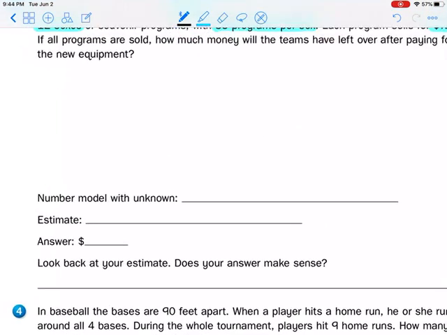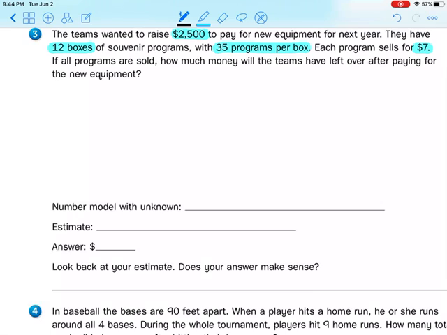So if they have 12 boxes, which is close to 10, so I'm going to round down, and there's 35 programs per box, I'm going to round 35 to 40. So I would do 10 times 40. And that equals 400. So they have about 400 programs.